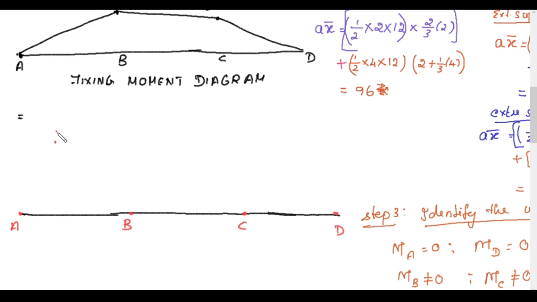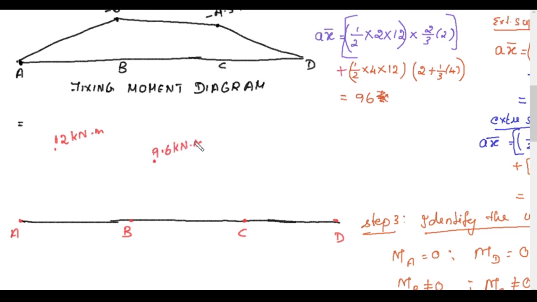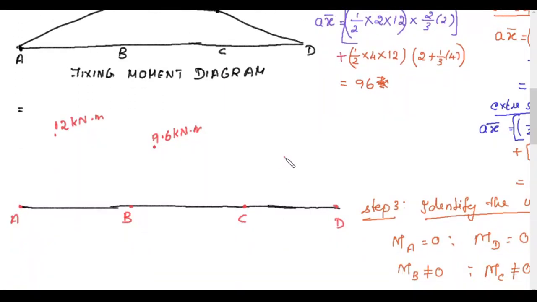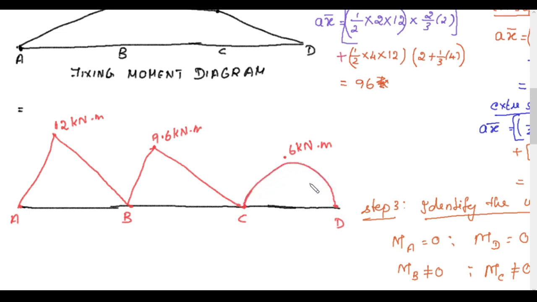So it is 12 straight, linear, then 9.6. Then it is a parabola, 6 at the midspan.